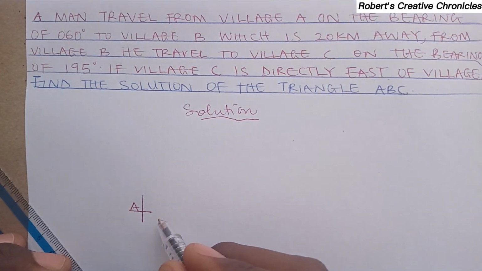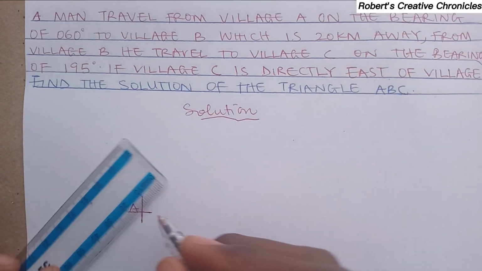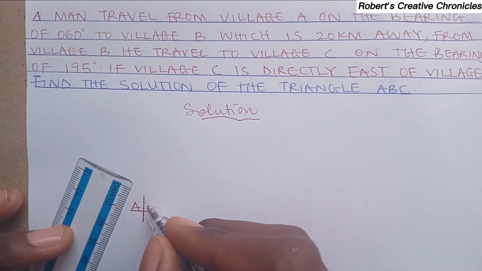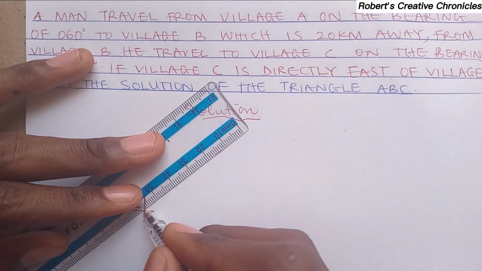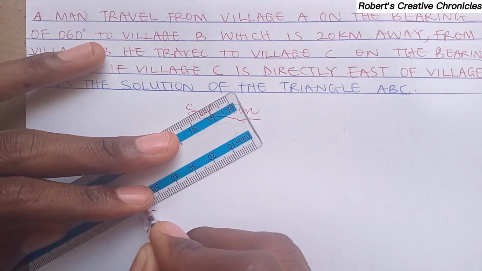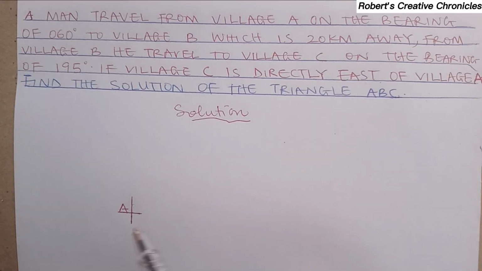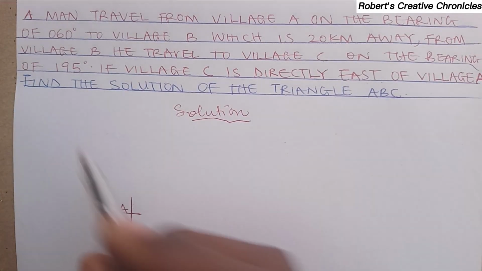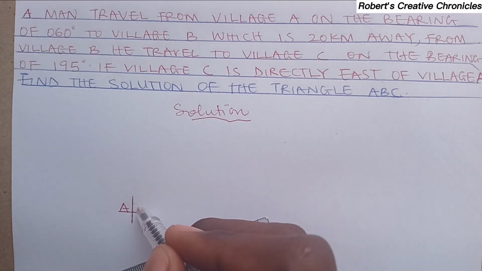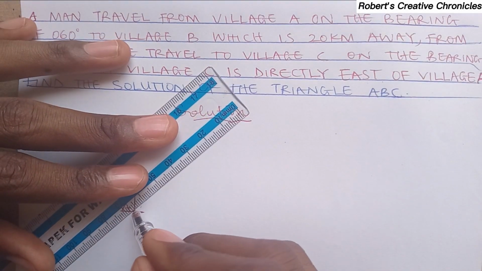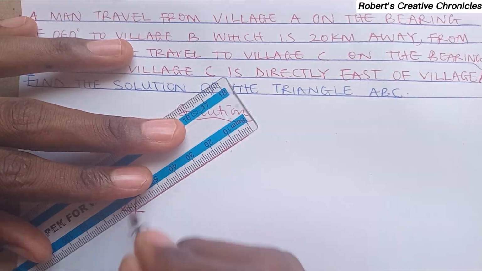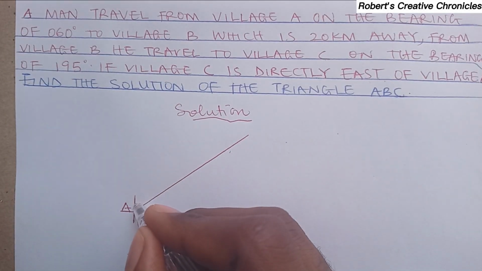So from A, here to somewhere is 60 degrees. So this is how to draw a bearing diagram. From village A on the bearing of 60 degrees, it will be from here to somewhere. So we'll draw a line. So we'll say here is 60 degrees.